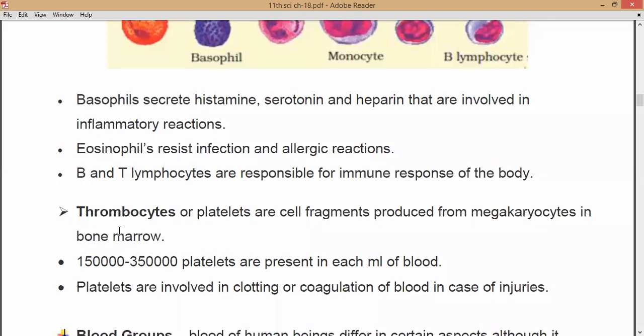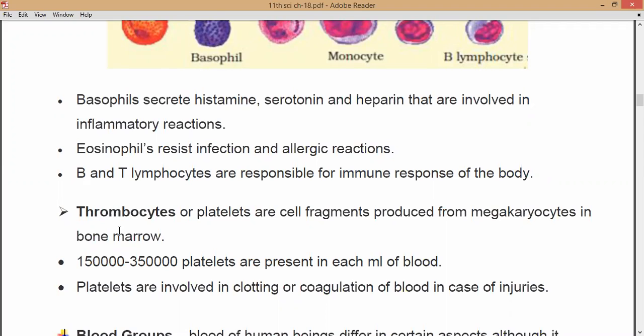When the rupturing takes place, it forms a network like structure, and due to this the blood from your body is not able to go outside. This way the blood clots and blood loss is reduced. This is the main function of platelets, and this process is nothing but blood clotting.